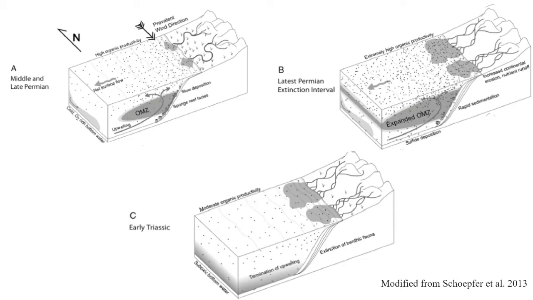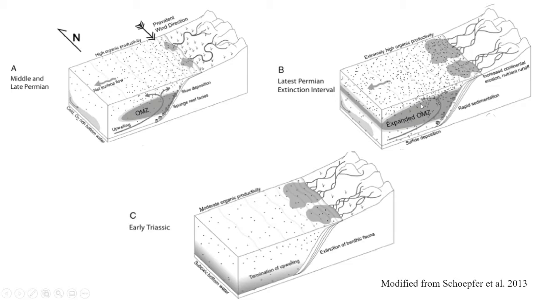Moving into the latest Permian extinction interval, just prior to the extinction interval itself, we're seeing now that they're still upwelling, and now we have an increased amount of continental erosion and nutrient runoff that's leading to massive eutrophic events. And we also have an expanded oxygen minimum zone from the amount of consumption and decay of productivity.